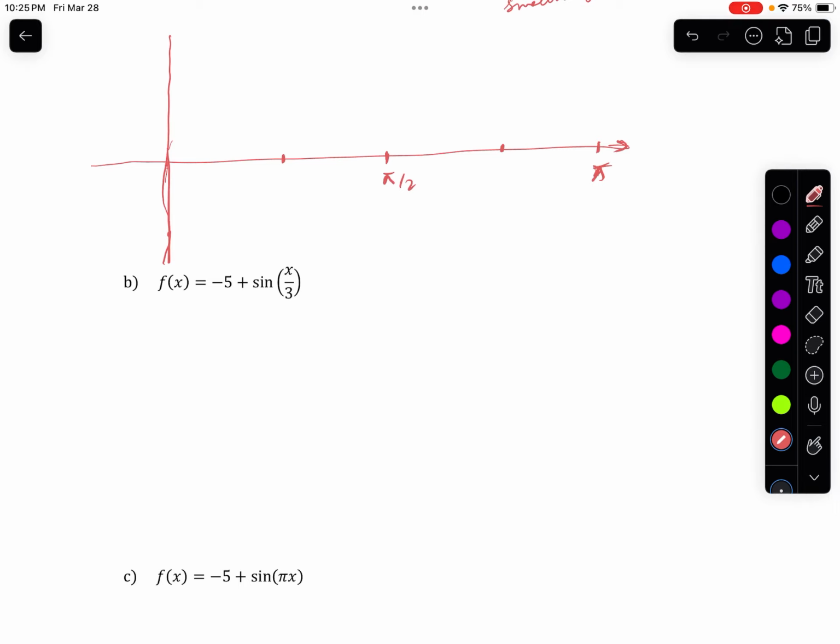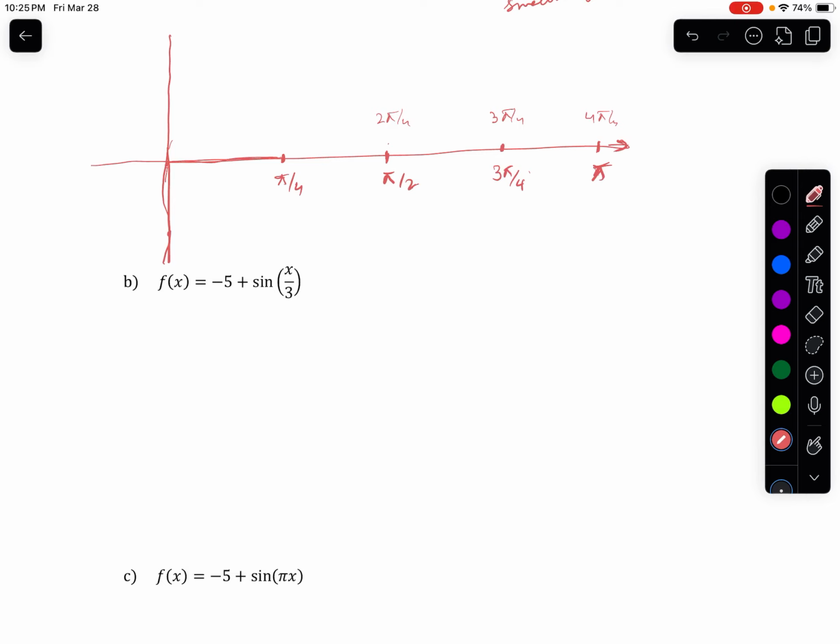So this will be pi over 4 and this one will be 3 pi over 4. Okay, again, how did I get that? Remember, you can use the midpoint rule, or another way to look at it is, once you got this piece, this length is pi over 4, so you can count it like this: pi over 4, then 2 pi over 4, which becomes pi over 2, then 3 pi over 4, and 4 pi over 4, which is pi.